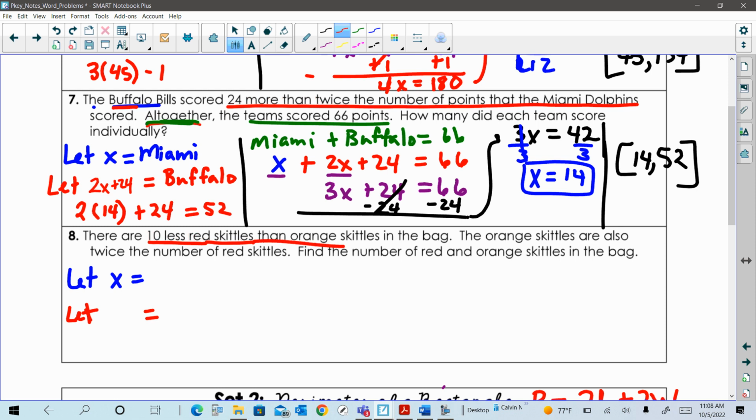Okay, so based on that first sentence, what does our x need to be? Yes, good. It ends with talking about orange, so our x needs to be our orange Skittles. How do I show the red, which is 10 less than that? x minus 10. Yep, x minus 10 would be our red Skittles.